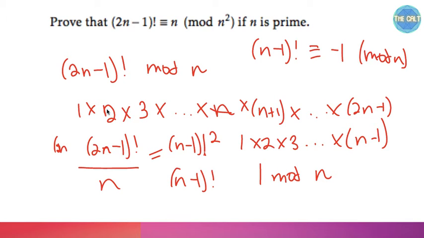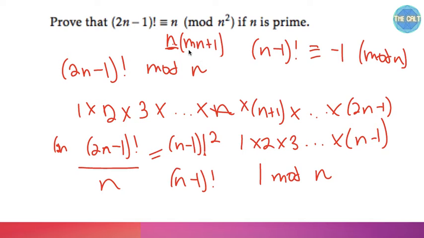So essentially, the remainder when you divide it by n squared will be n multiplied by (mn plus 1) for some value of m. And the reason is, the first time it was divisible by n perfectly, so that's the factor of n.